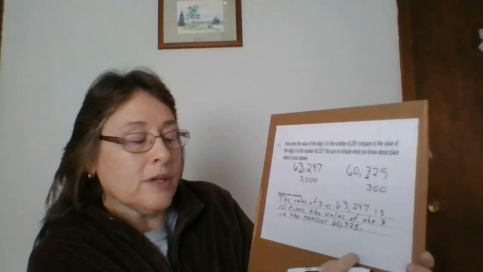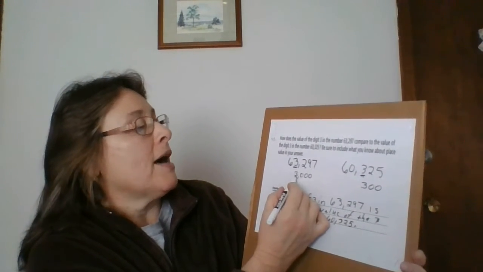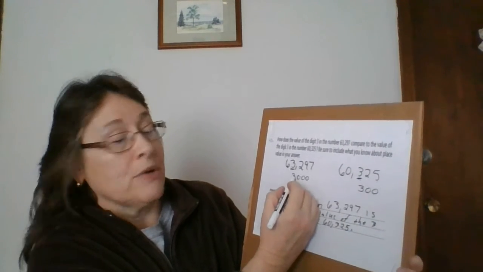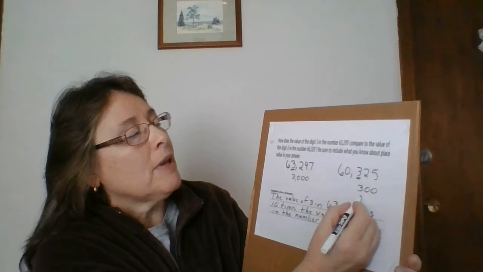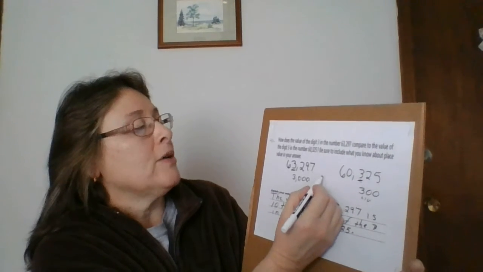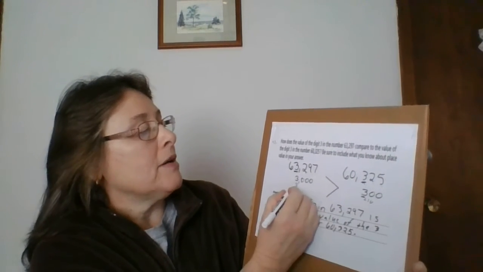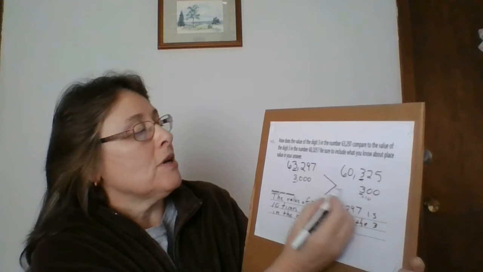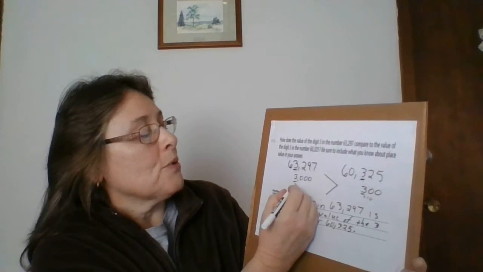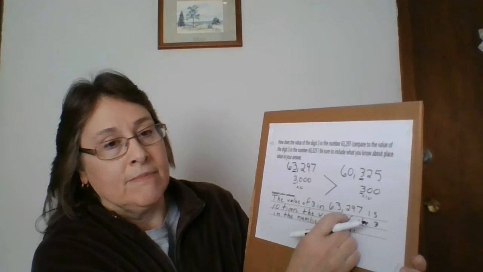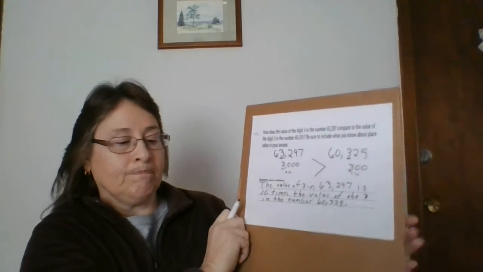And the way I know that it's 10 times, because I know that in order to get from 300 to 3,000, you have to multiply this by 10. So I know that 3,000 is greater than 300. The 3 is 10 times greater than this 3. Okay? Let's move on to question number 44.